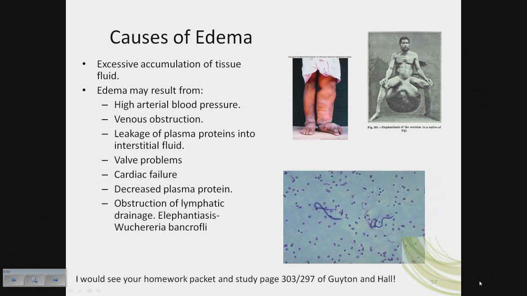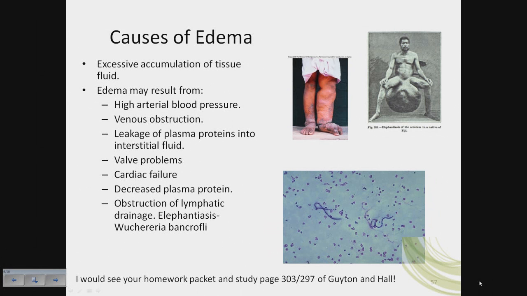The fluid is going to accumulate in the areas with the least resistance. Soldiers used to go off to third world countries and they'd be afraid that they'd come back with their scrotum in a wheelbarrow. That's how they used to describe it. So if you block the lymphatic return from a filarial infection, then the fluid can accumulate in the interstitial space.